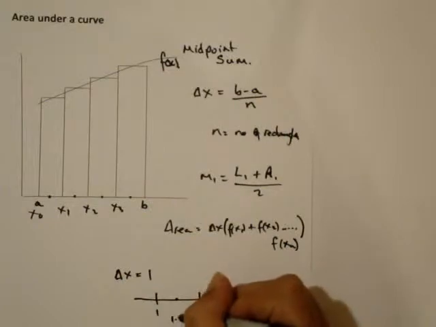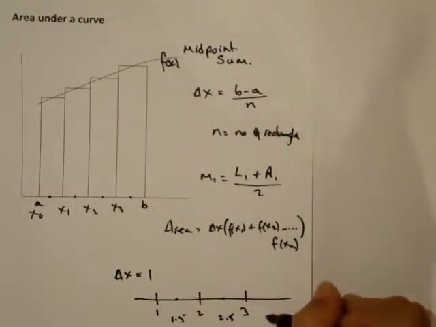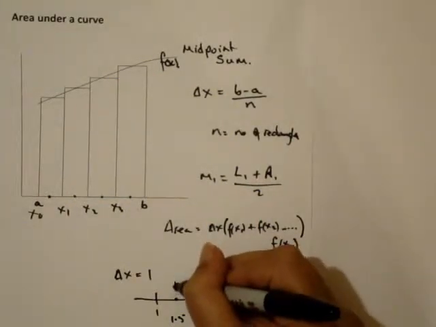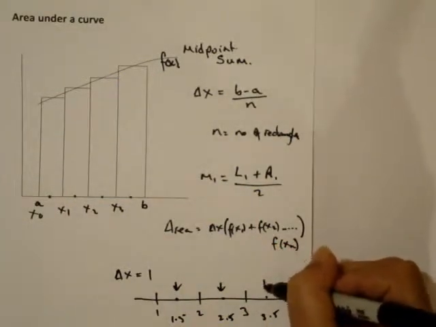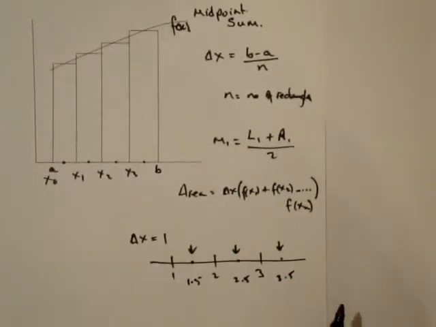So this one would be 1.5, 2.5, 3.5. And then we'd substitute this into the formula.